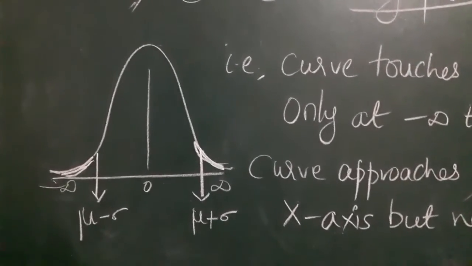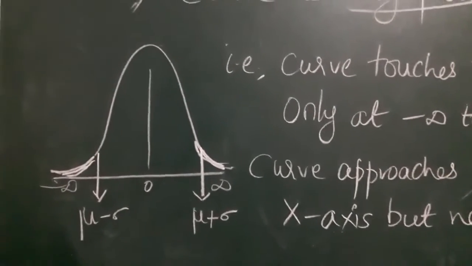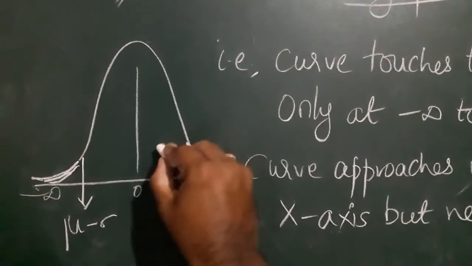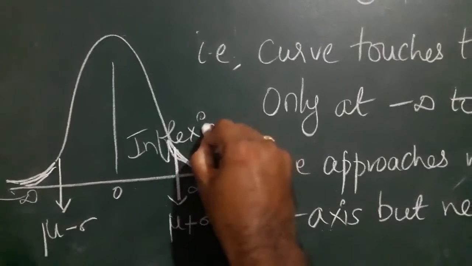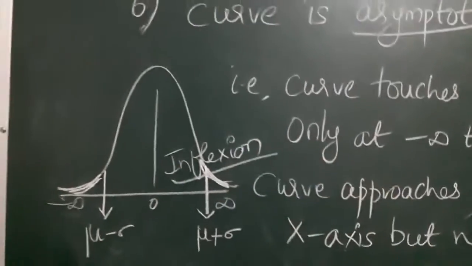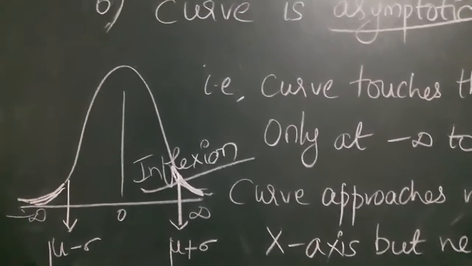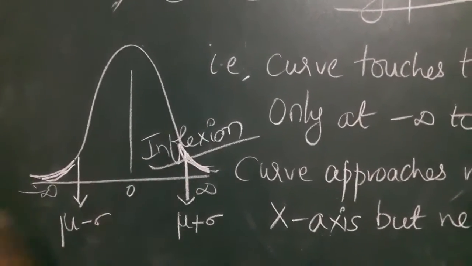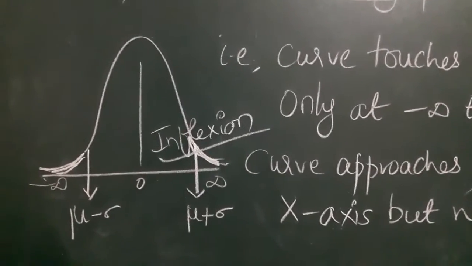Now what does it mean? The curve has points of inflection at mu plus sigma and mu minus sigma. What exactly is the meaning of inflection? Why does the curve have points of inflection?